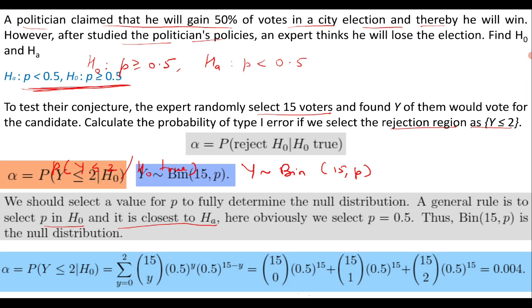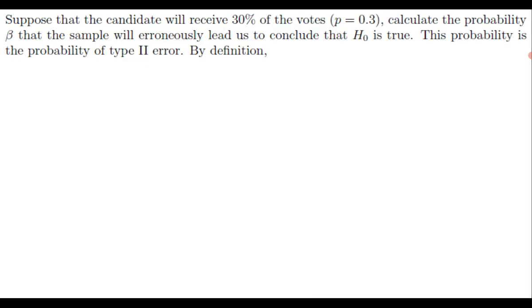Now, try to compute the type 2 error. Let us assume that p is 0.3, and now calculate the probability that the sample will lead us to conclude that H naught is true, and mistakenly so. It means you accept H naught when it is not true.